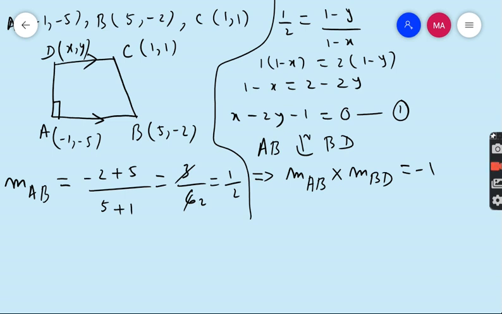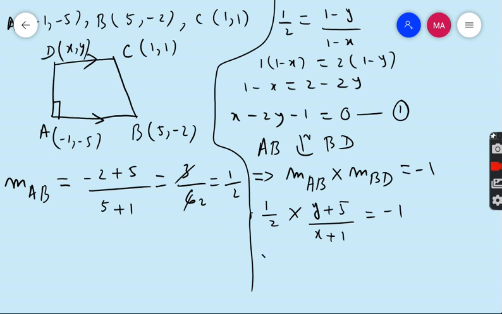So the gradient of AB we have already found, 1 upon 2, multiplied by the gradient of BD. Now we have to find y2 minus y1, so (y + 5) upon (x2 minus x1), (x + 1), is equal to minus 1.